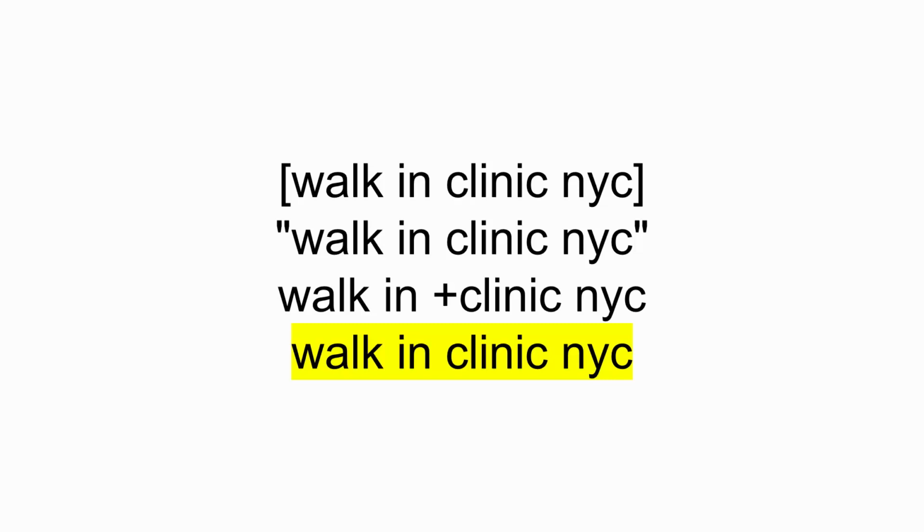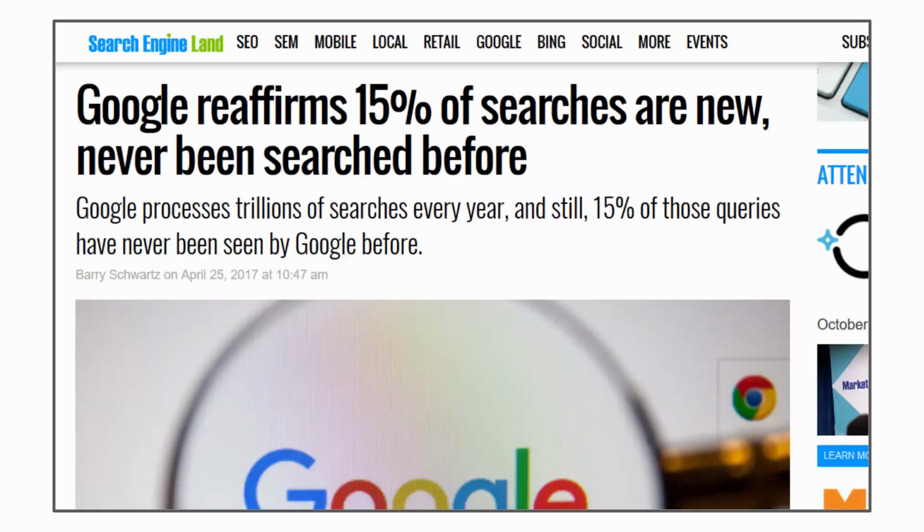So this sounds great, right? Why wouldn't we just always do exact match keywords? Then we don't have to worry about anything else. Well, a couple issues with that. So first off, you can see this headline: Google reaffirms 15% of searches are new, never been searched before. So people are always searching for things in new ways.